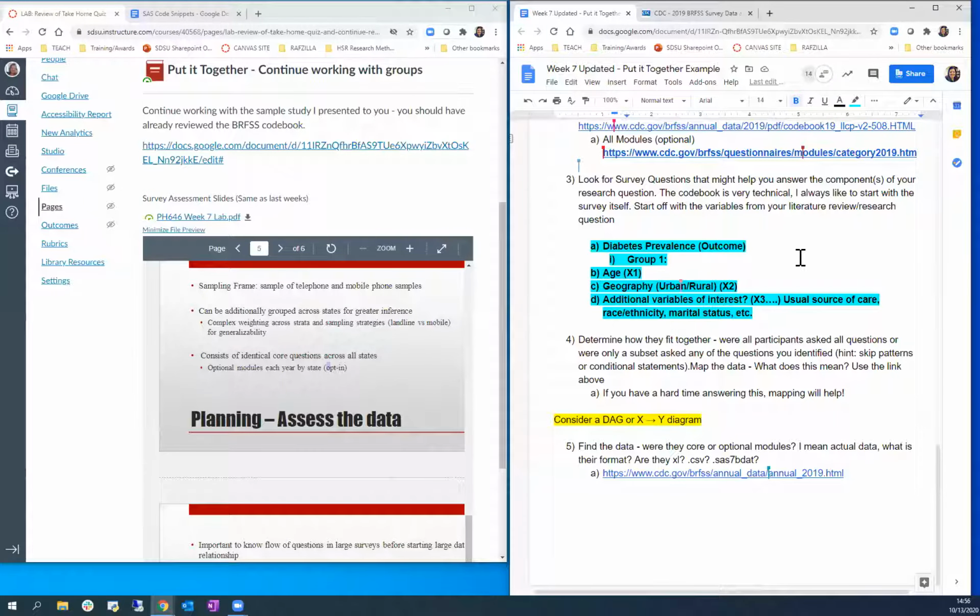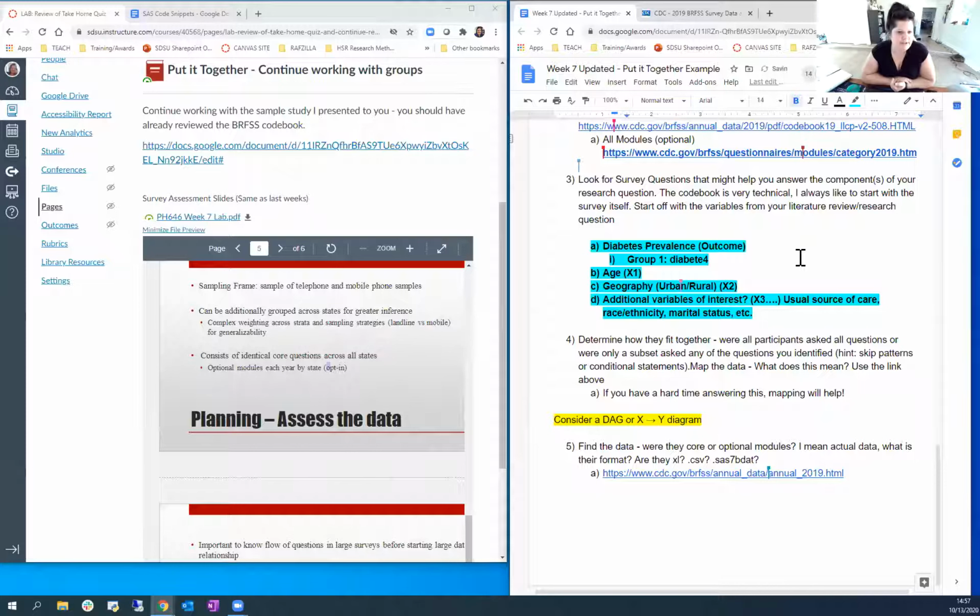We didn't write it down because we were confused about the code book and the survey. Okay, what was the confusion? Would the variable be DIABETE4? How do I spell that? It's DIABETE4. Okay.